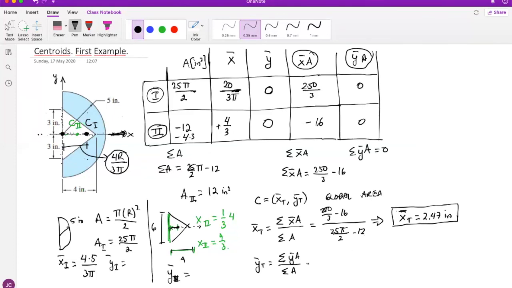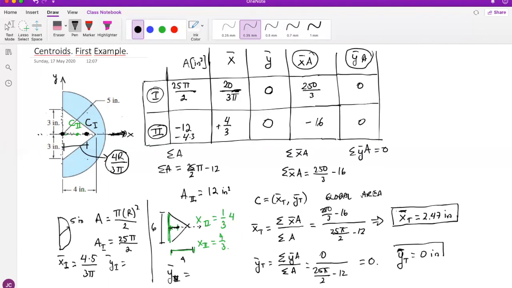Now let's go to this guy. This one is pretty simple, because if you add all these rows for this column, you will get a 0 over there, and it doesn't really matter what you have down here, which is again 25 pi divided by 2 minus 12. So you will get a 0. Therefore, the Y total, the vertical coordinate for the centroid, is going to be located at 0 inches.